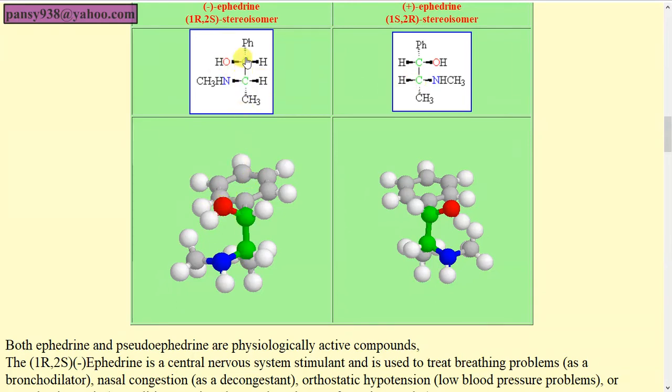They are chiral. You see that phenyl, hydrogen, hydroxyl, and this chain. Hydrogen, methyl, this side of the chain and this chain. So both these carbons are the chiral carbons. One of the carbons is 1 and the second carbon is 2.